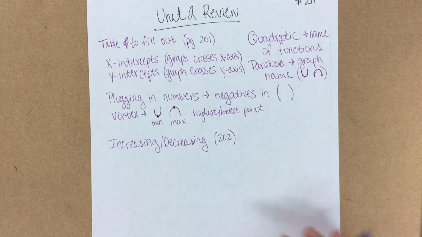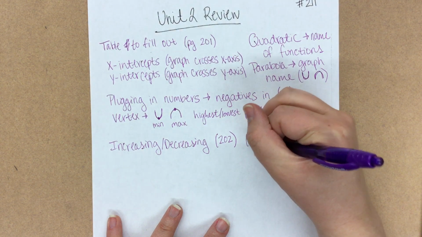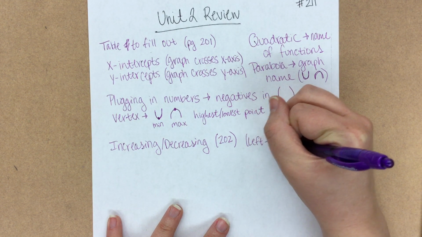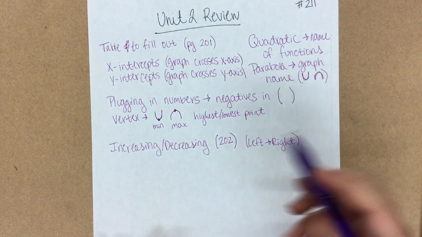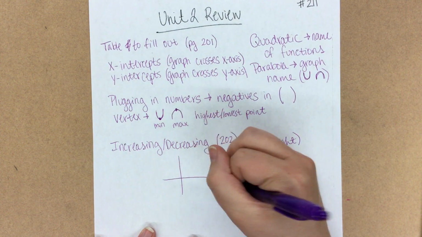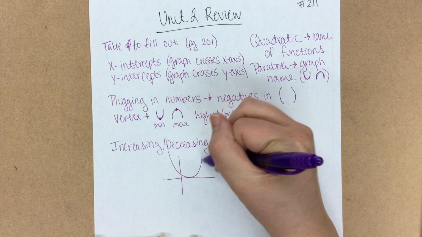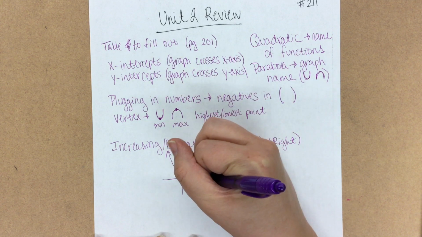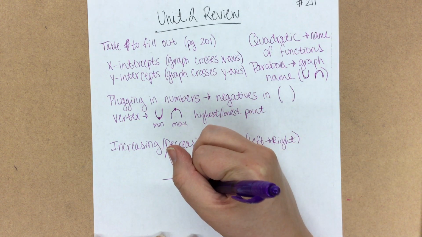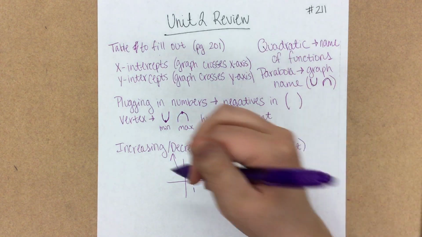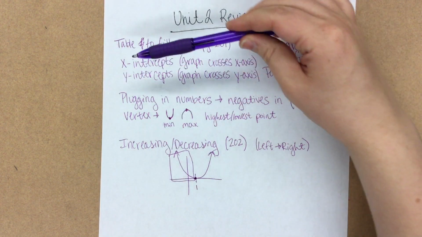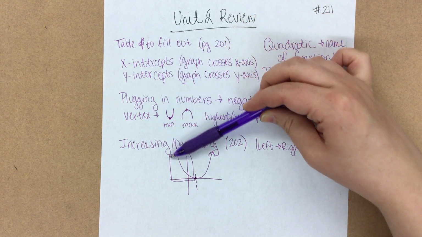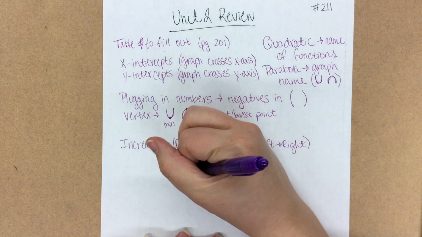But overall, increasing and decreasing, you're thinking, okay, left to right, what is my function doing? So let's say it's a standard parabola, and my vertex is here at 1. On this interval on the left side, my graph has started out super high and now it's coming down, coming down, coming down. So this is where it is decreasing.